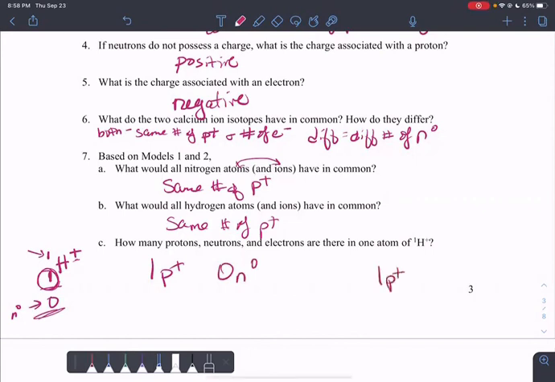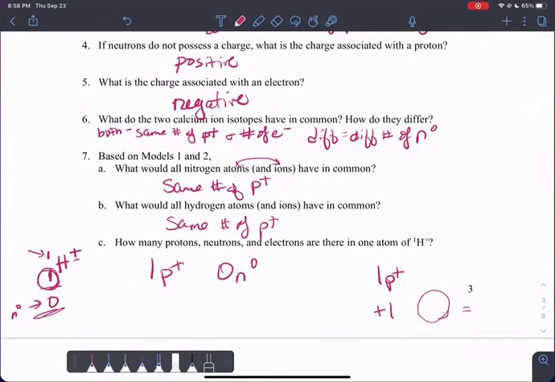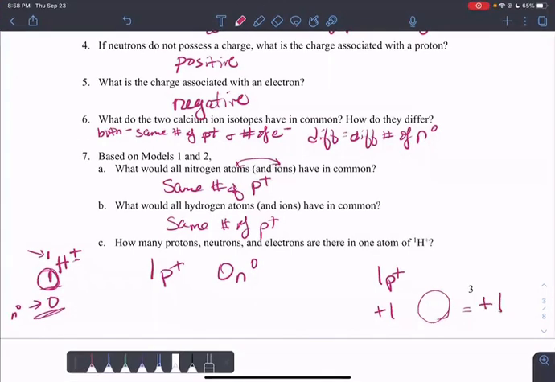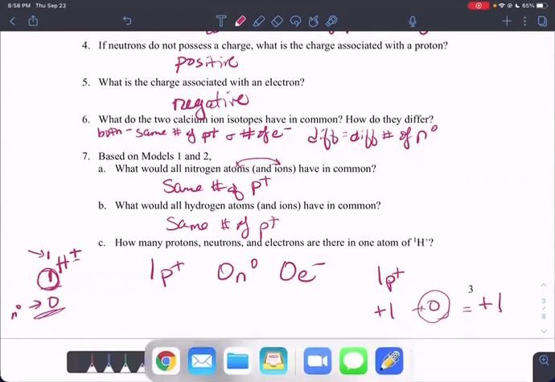So if we have 1 proton, that means we have a +1 charge, and then we have to add or subtract something and get a charge of +1, right? So +1 plus something is +1, that's 0, so we have no electrons. I'm going to pause the recording and come back.